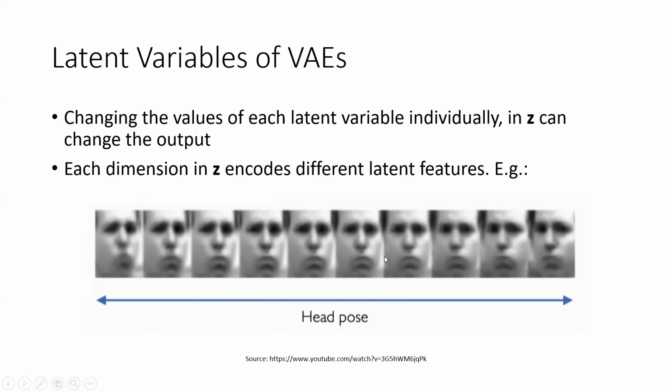The head pose of this image changes because we have changed the latent variable relevant to the head pose. So if you can find the latent variable that was generated relevant to the head pose, you can change that variable and get the image easily from the decoder. That is one of the main advantages of variational autoencoders.